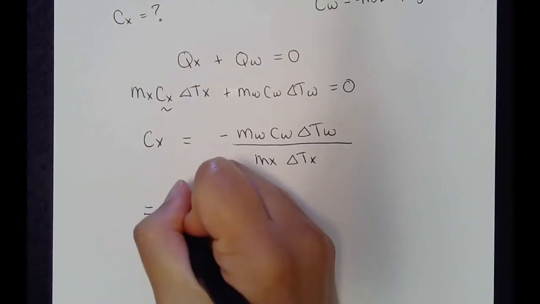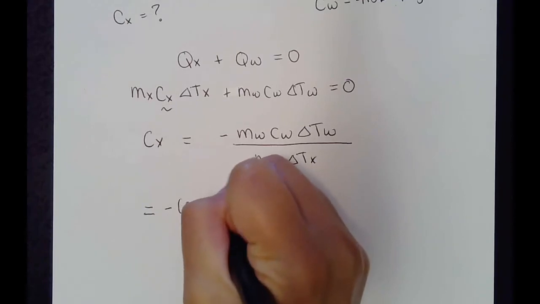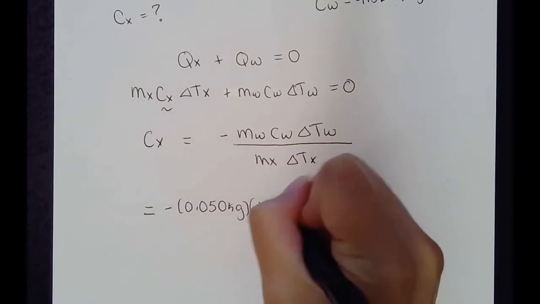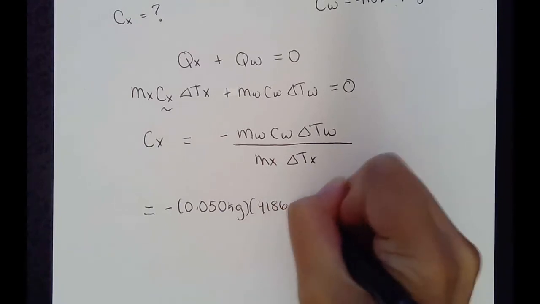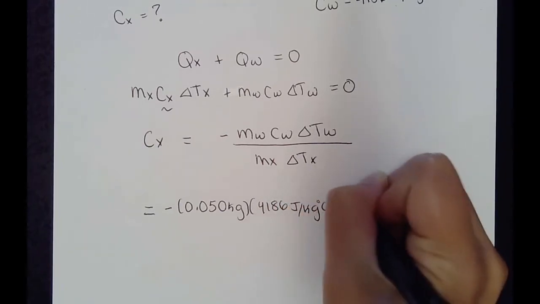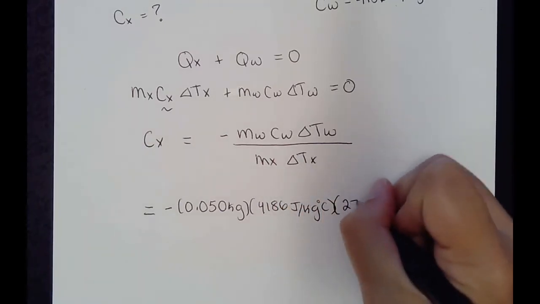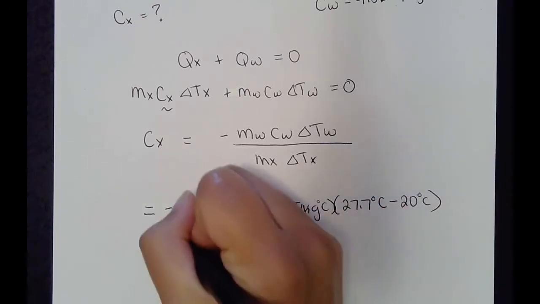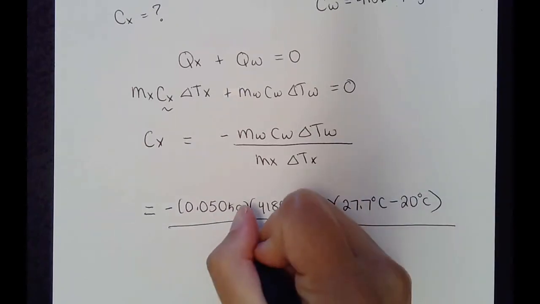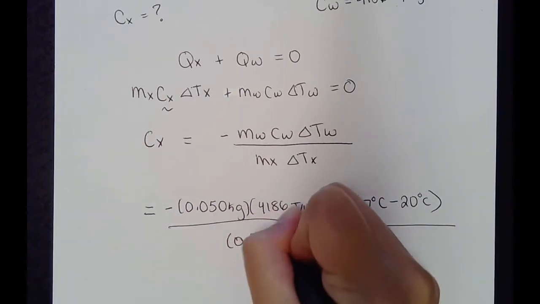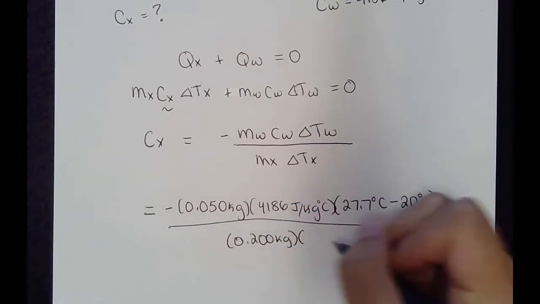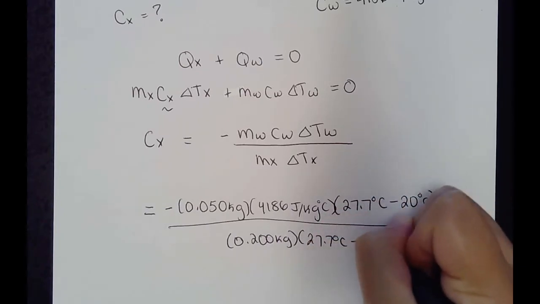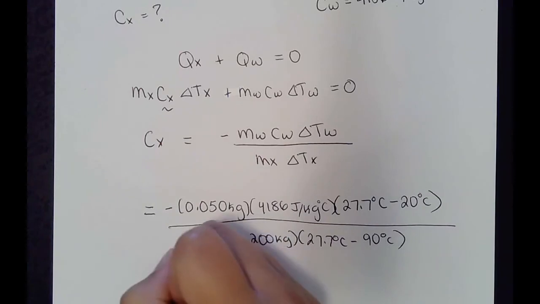So this is negative 0.050 kilograms times 4,186 joules per kilogram degree Celsius. And then we have 27.7 degrees minus 20 degrees, all over 0.2 kilograms times 27.7 minus 90 degrees Celsius.